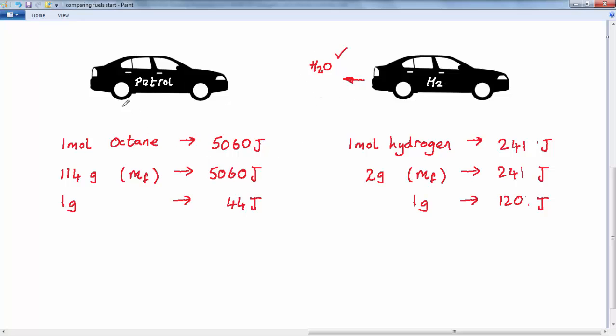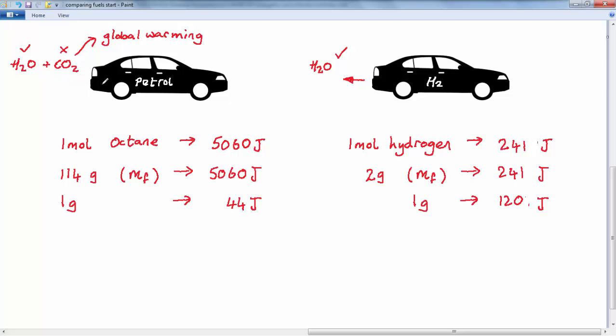However, when petrol burns, you don't just get water, which is okay, nothing wrong with that, but you also get carbon dioxide produced. That's not good news, because that causes global warming. And petrol also contains a whole lot of other stuff as well, which actually needs to be dealt with before it's chucked out of the exhaust pipe.